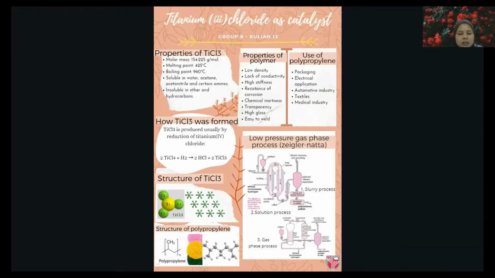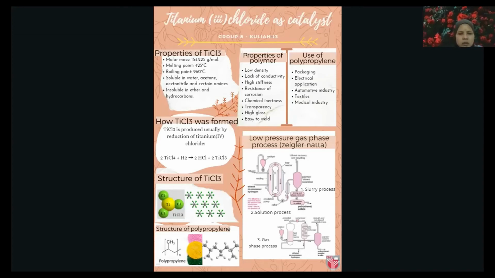Polymer is high gloss, with a smooth surface, and it is easy to work with. So people can design the polymer as they want to. Next I will explain the uses of polypropylene.